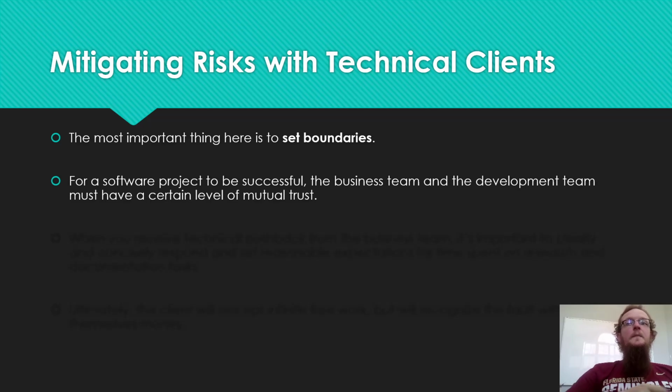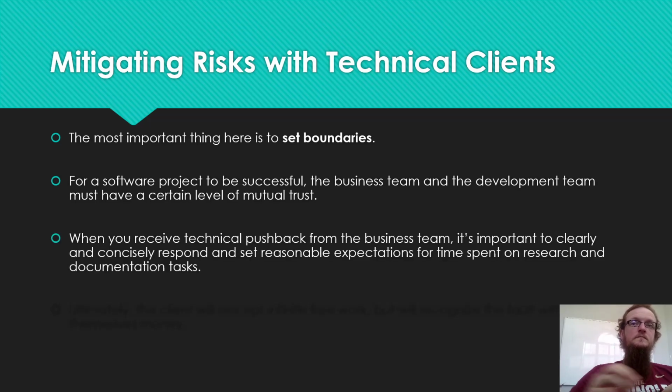So for any project to be successful, particularly a software project, what you really want is a certain mutual trust level. And so what you need is for the client to understand that you are acting in their best interest. And so you have to actually act in their best interest. And you have to remind them that any research that we do in order to answer a question that you have is going to be work that we could have otherwise spent actually trying to build the functionality that you want to build.